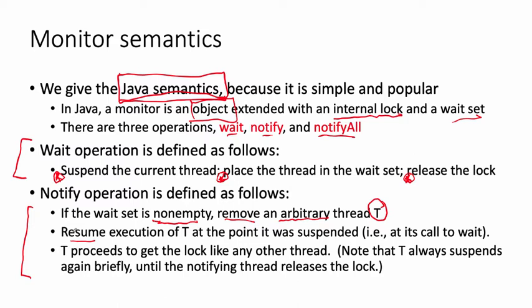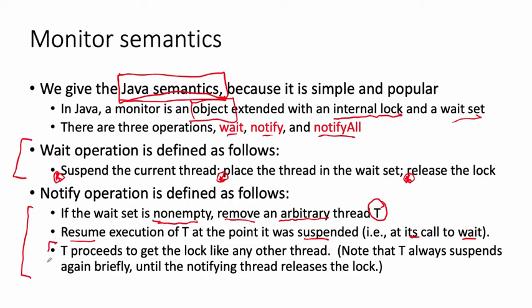It starts executing again. It's no longer suspended. You say now it can execute, and it starts executing at the point it was suspended. So where it called wait, at that point, it's like the call to wait returns. When a thread calls wait, it doesn't return. It's put in the wait set. When someone else does notify, it's like the wait call is returning.